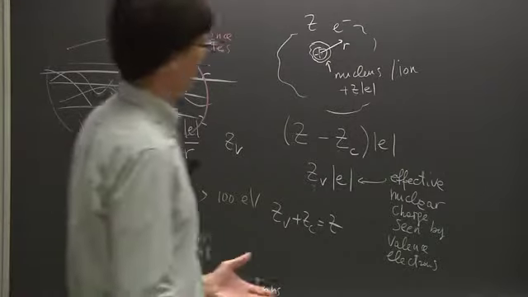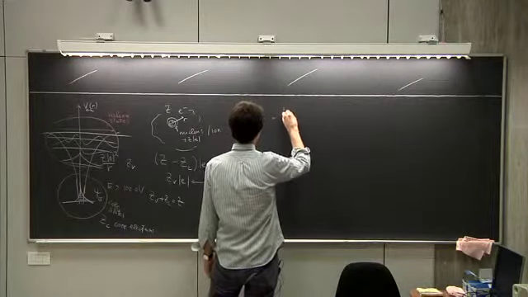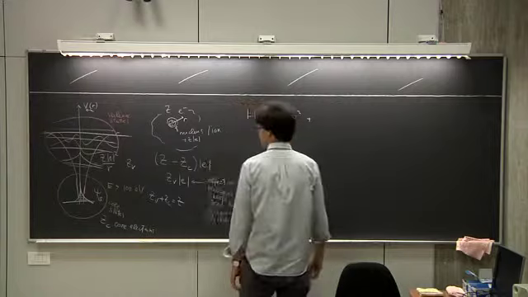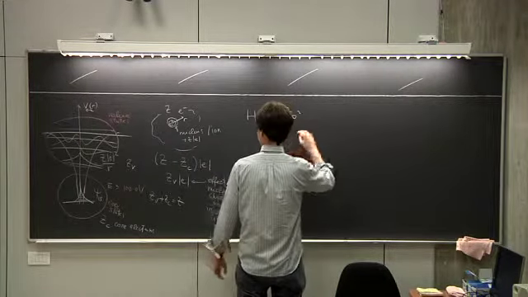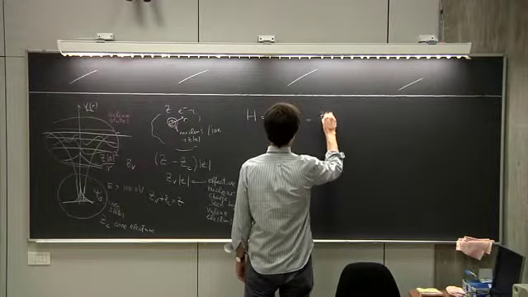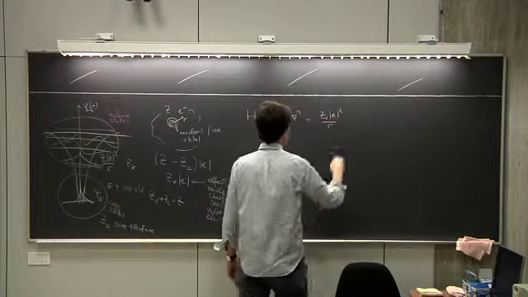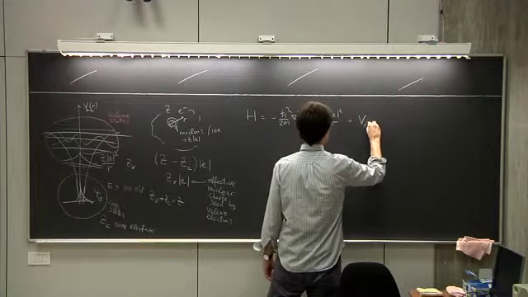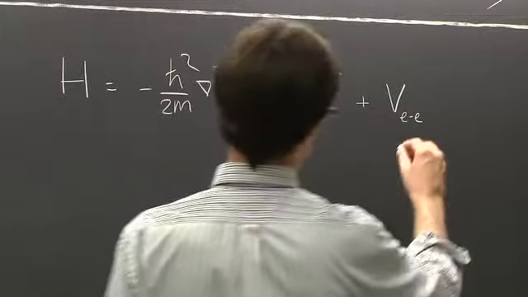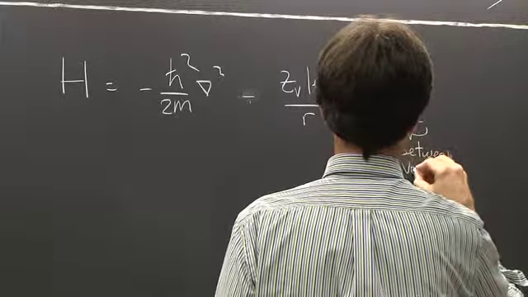So if I am a valence electron, the Hamiltonian that I will have to obey is a Hamiltonian in which I have roughly, plus the electron-electron interactions between valence electrons.